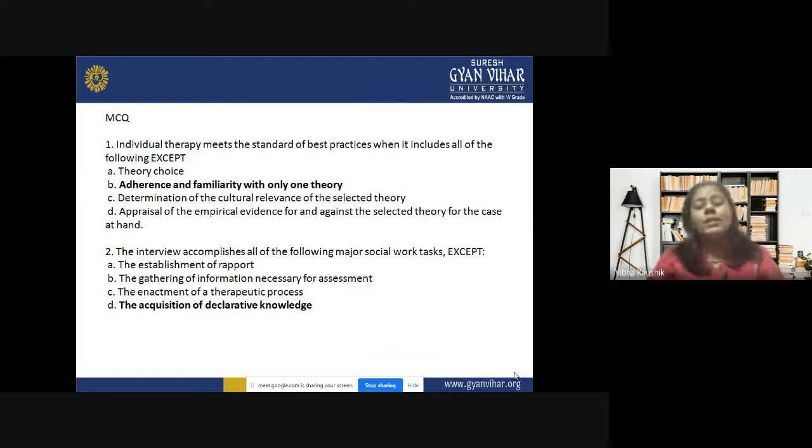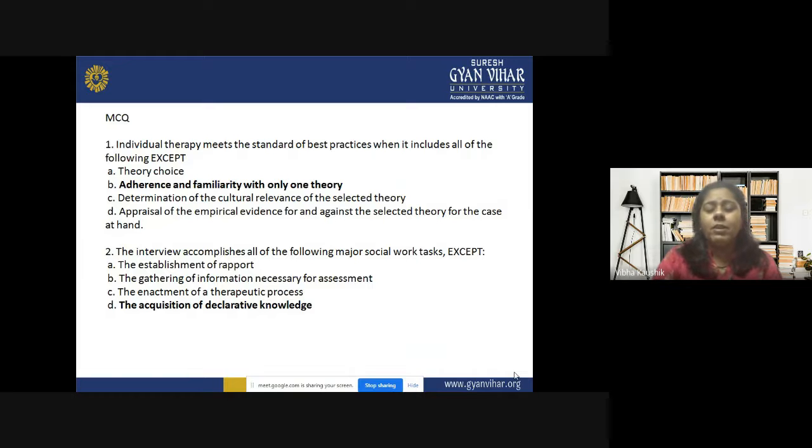So, students, these are the options, and now you have to select the correct answer on the basis of the choices that were given to you, and the correct answer will be option B, that is adherence and familiarity with only one theory.